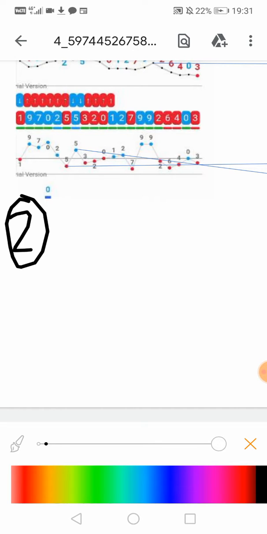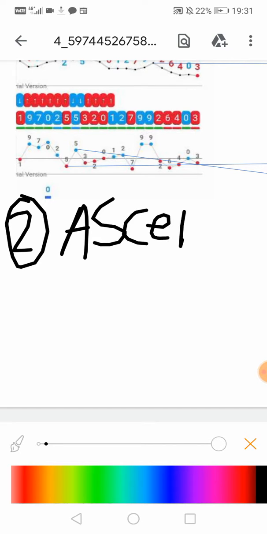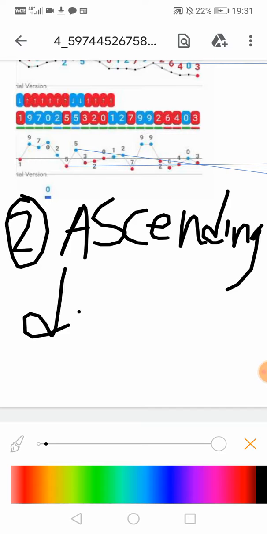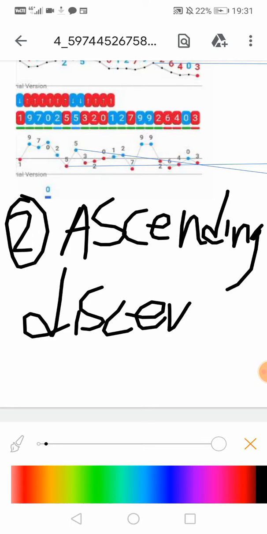For those who do not understand, which one is increasing or decreasing. You check this, ascending and descending. Sorry, my handwriting is not that good. This is the second one.